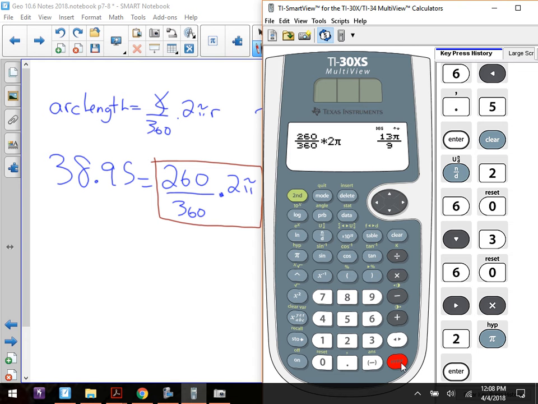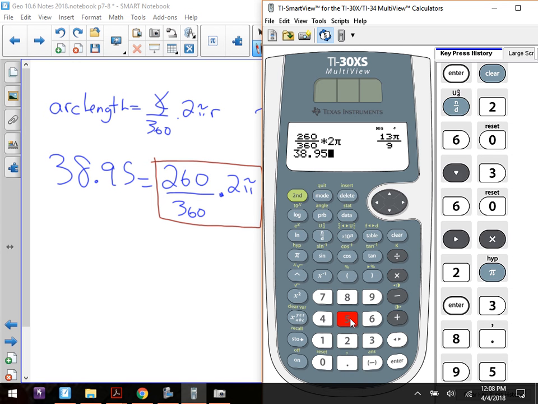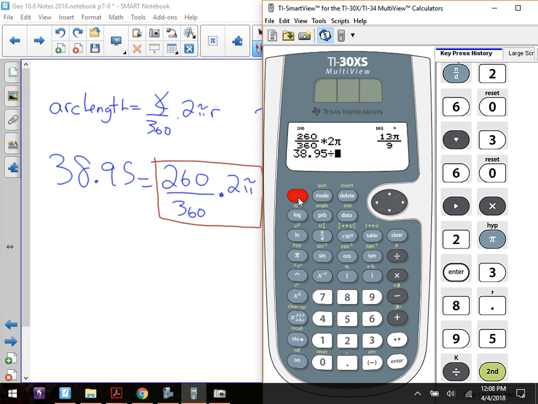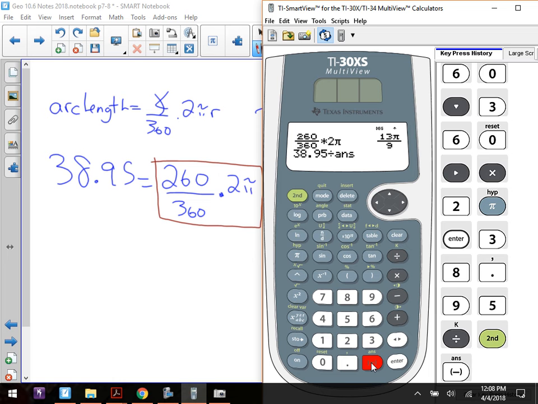Which means to undo it, 38.95 divided by my answer. You're going to use your answer button again. It makes your life so much easier. If you don't have this calculator, if it came out with a bunch of decimals because you pressed the pi button, that's fine. The answer button will work exactly the same. It does the same exact thing.